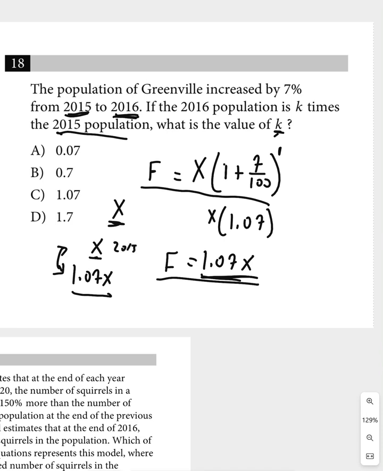So no matter how many you start with, your ratio you can plug in here, and this will be how much you increase by. The question is asking 2016 is k times the 2015, so k times X. So k will be 1.07.